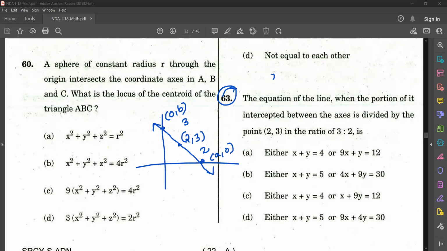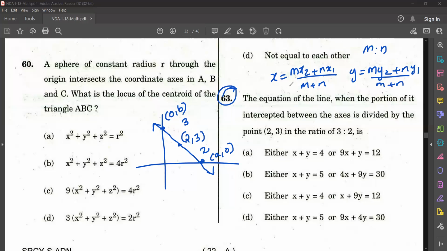What is the section formula? x is equal to (m x2 plus n x1) divided by (m plus n), y is equal to (m y2 plus n y1) by (m plus n), where m is to n is the ratio, and the endpoints are (x1,y1) and (x2,y2).